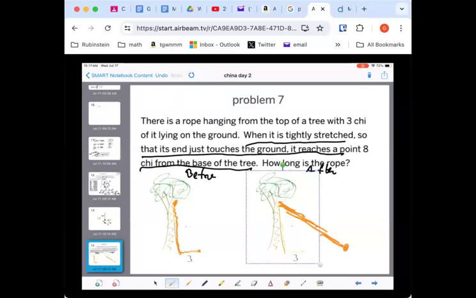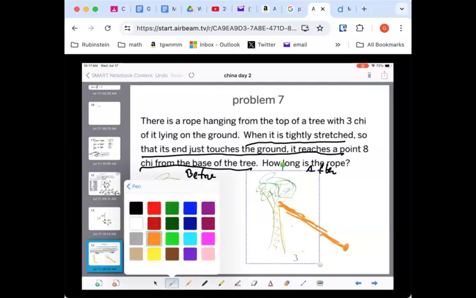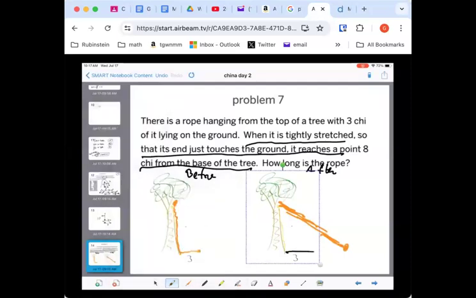And now they tell us that this is 8. It reaches a point 8 chi from the base of the tree. Now there's 2 right triangles. You might say, isn't this a right triangle? Yeah, but that's not the right triangle that we're going to use.